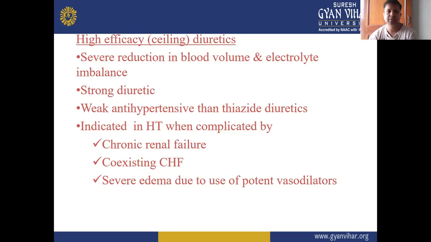Strong diuretics, but weaker antihypertensives than thiazide diuretics, indicated in hypertension when complicated by chronic renal failure, coexisting congestive heart failure, or severe edema due to use of potent vasodilators.